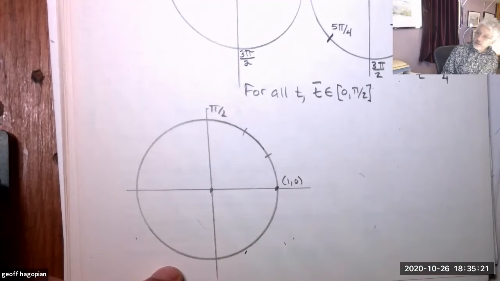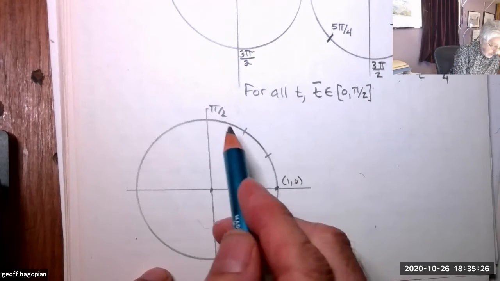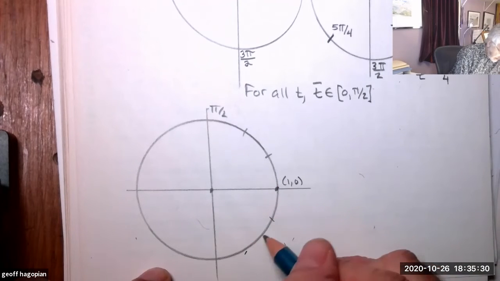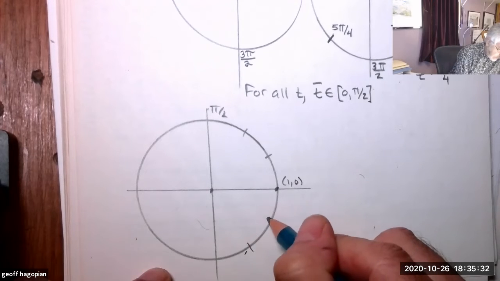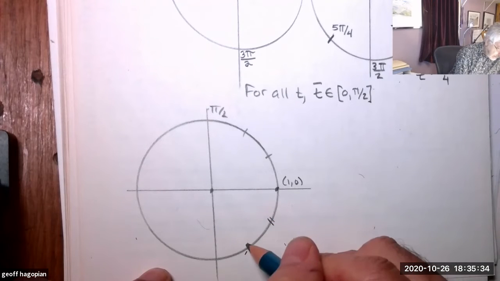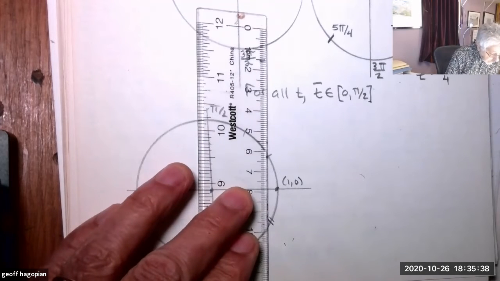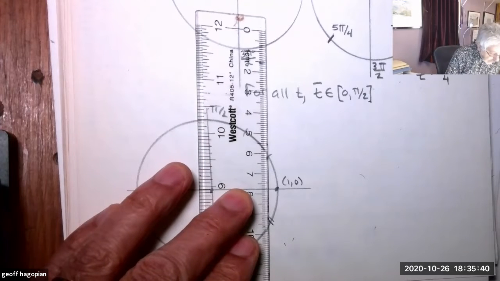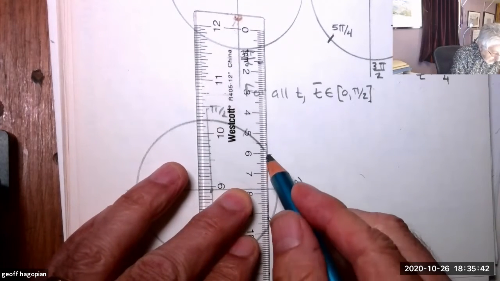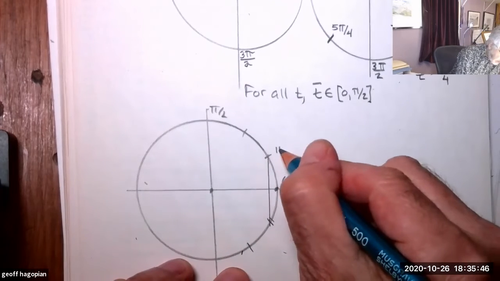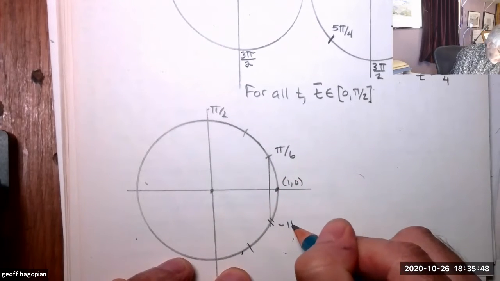Those look like perfectly evenly spaced hash marks, marking off 1/3 the circumference for each. Then I'm going to do the same in the opposite direction. Yeah, perfectly evenly spaced. So I'm then going to join these guys. Okay, so this is pi over 6, and this is negative pi over 6.